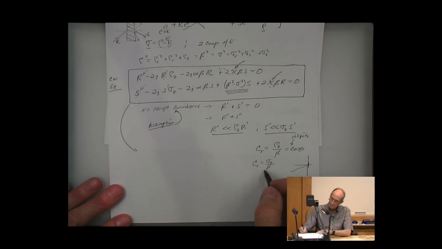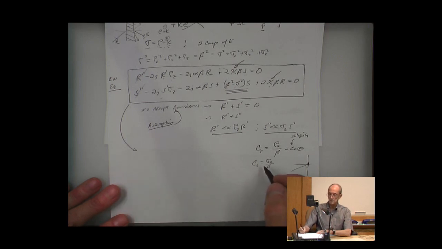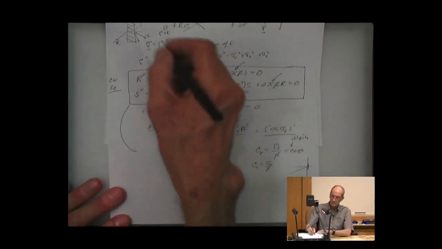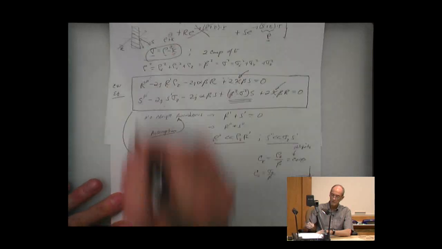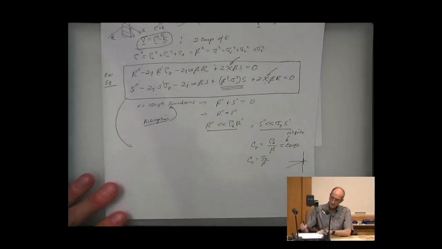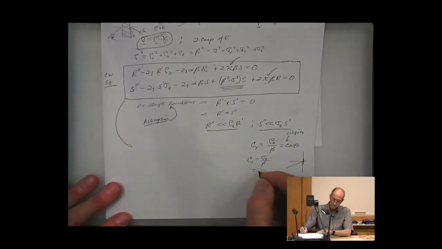Now, sigma is defined, as we said, in terms of rho and k. And so this C sub s is equal to cosine of theta minus k over beta times cosine of phi.